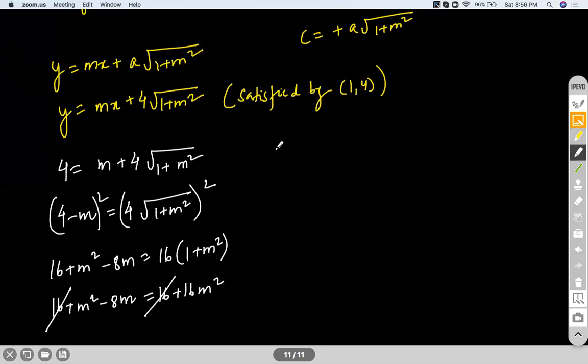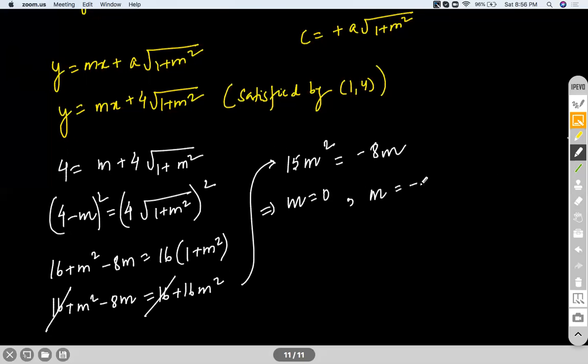So it ends up giving you 15m square is equal to minus 8m, which implies there are two values of m. One is m is 0 and the other is m is minus 8 upon 15.